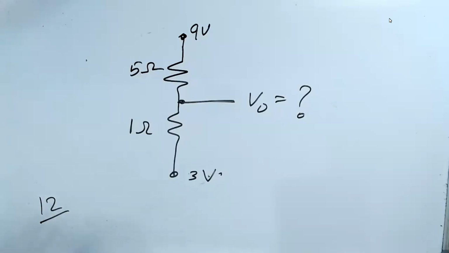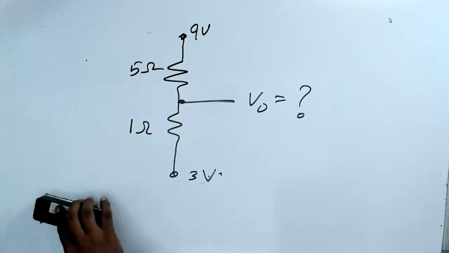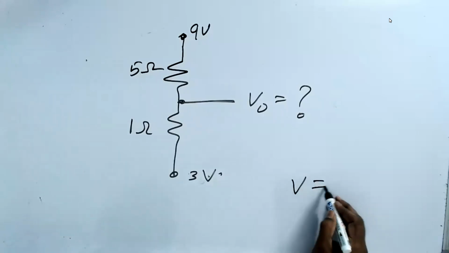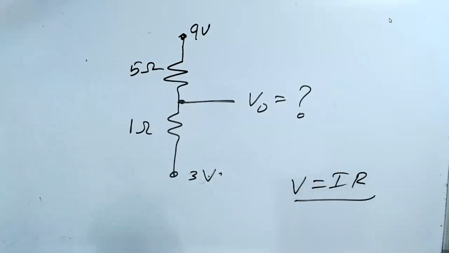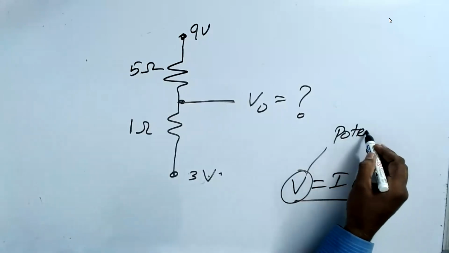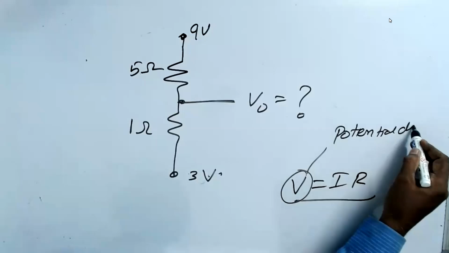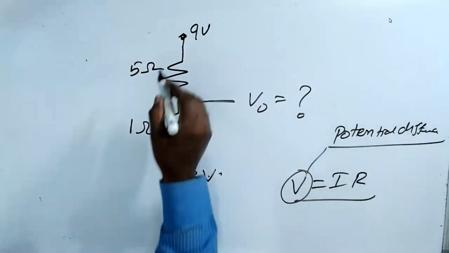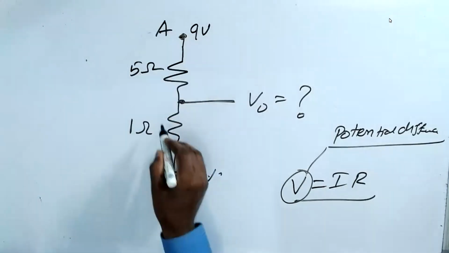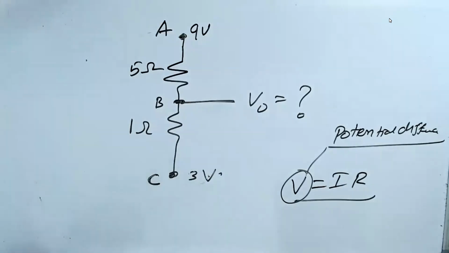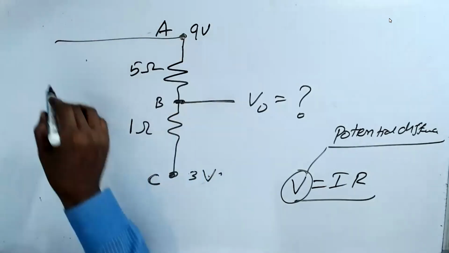Now let us go very simple, by Ohm's law, and solve the problem. What is Ohm's law? Ohm's law is V is equal to IR. Am I right? Now, what is voltage? Voltage is potential difference. Let's say this is point A, this is point B, this is point C. Now, what is the voltage between point A and C?